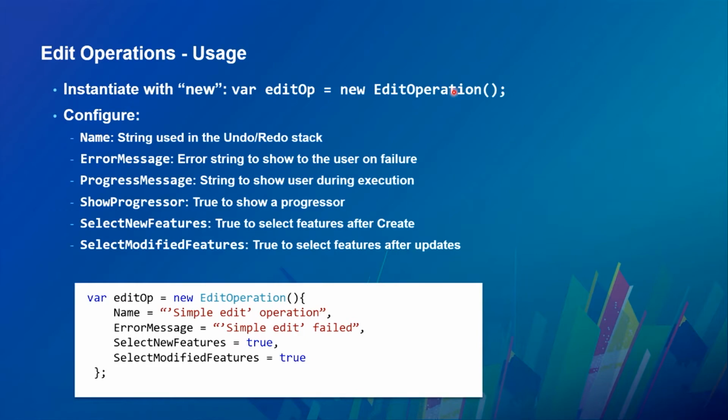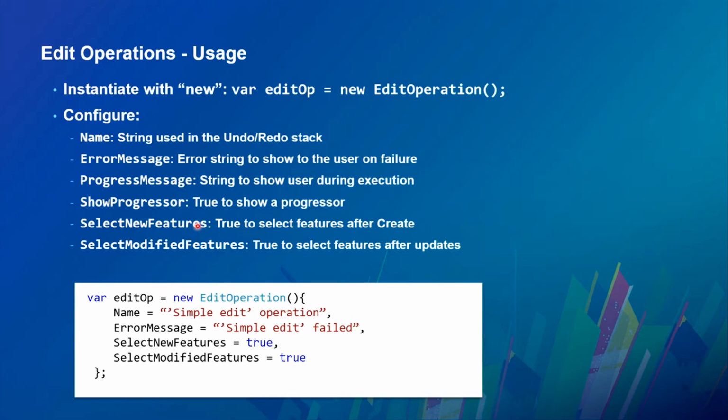So the edit operation has a bunch of properties associated with it that you can set. You can either do this in the constructor or set it after the event once you've got the variable. The name is probably the common one that you'll set. This is the name that gets assigned to the edit operation in the undo stack. So when people go to the undo stack and they see "created X number of features", that's where it gets this string from. You can set an error message, a progress message, not that common to use.